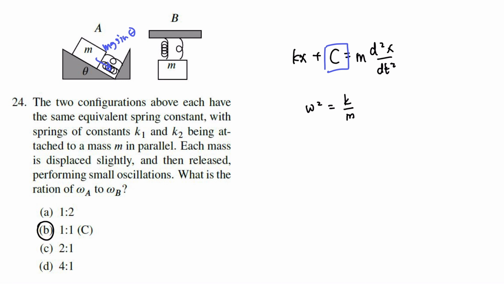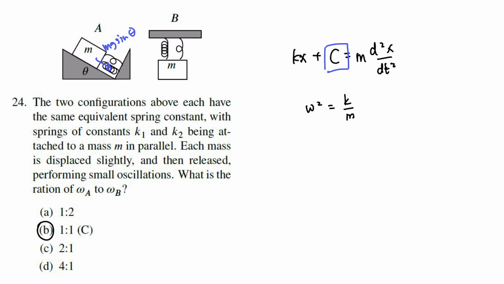For simple harmonic motion, all the differential equations are always going to have the same form. So that goes for springs, but it also goes for LC oscillations and LCR oscillations and the like. So if you know the differential equation, even if you forget the formulas, you can actually derive them on the spot.